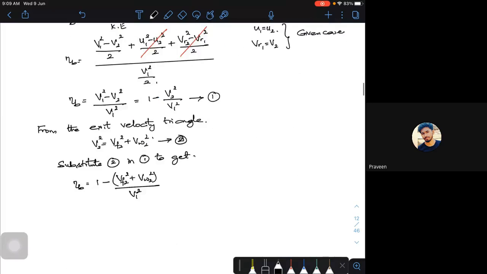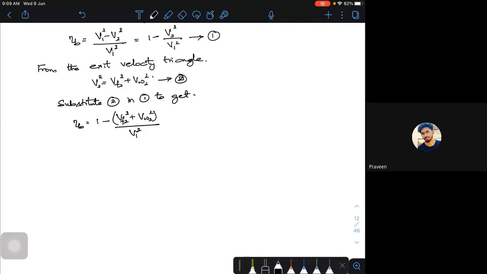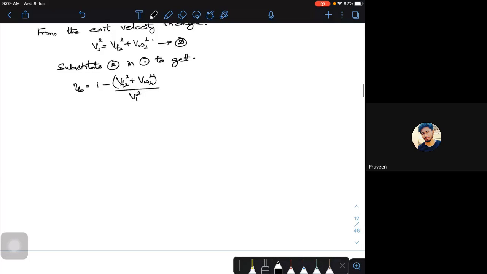And one more thing is here. For no friction condition, that is, VR1 is equal to VR2, we are considering that.